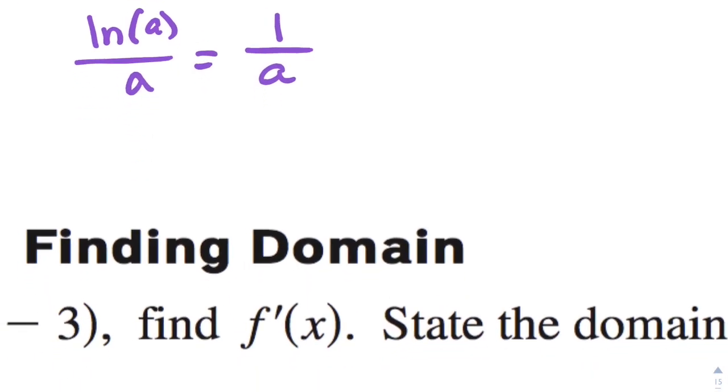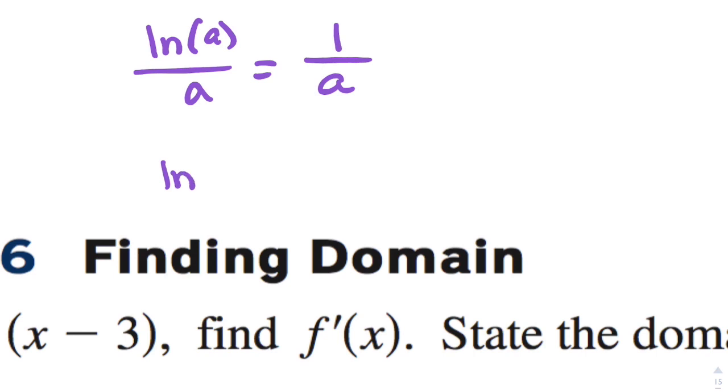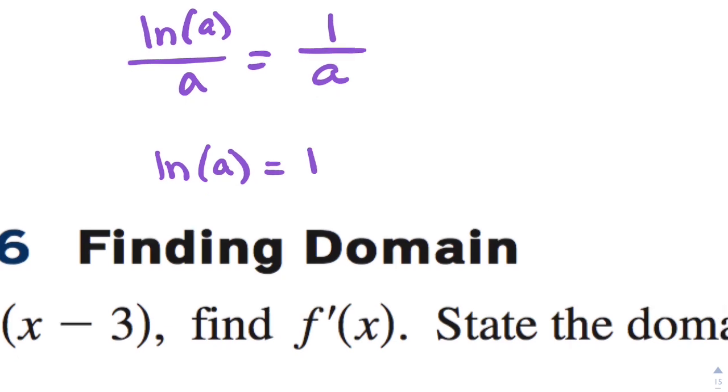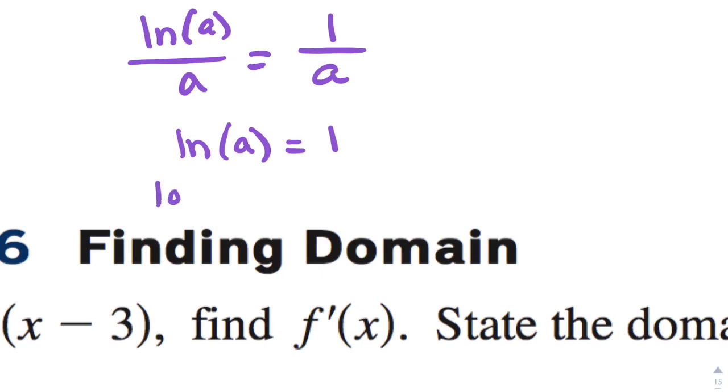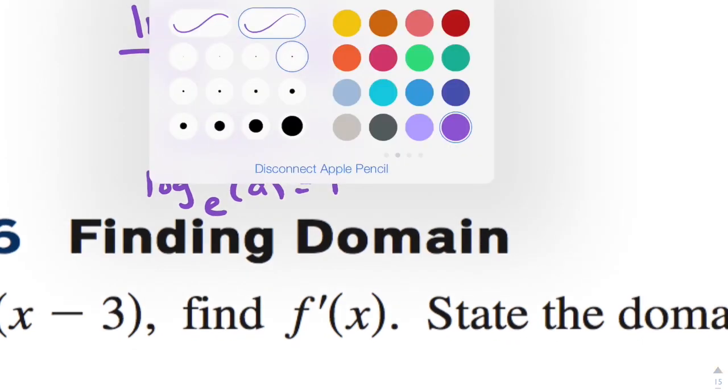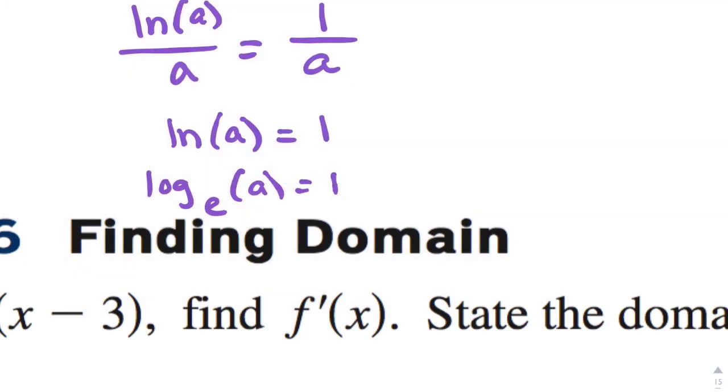You can ignore the denominators now. Just say ln of a equals 1. And this is true for just the location a. So I'm going to rewrite it as log base e of a equals 1. Use your change of base. E to the first power is equal to a. E to the first power equals a.